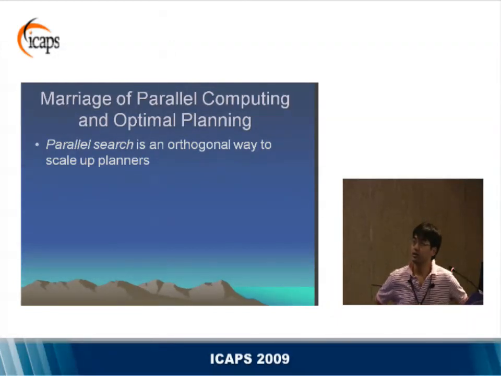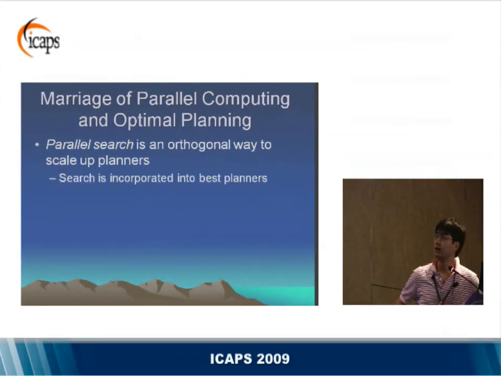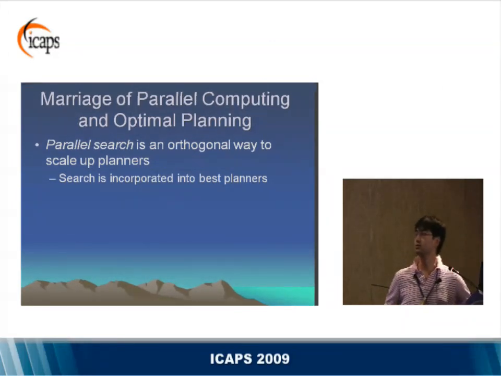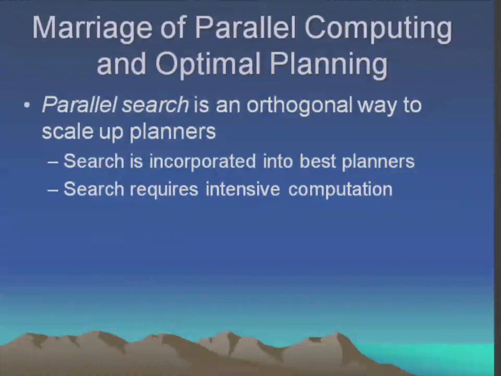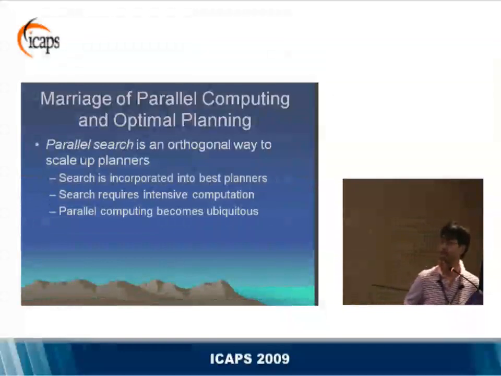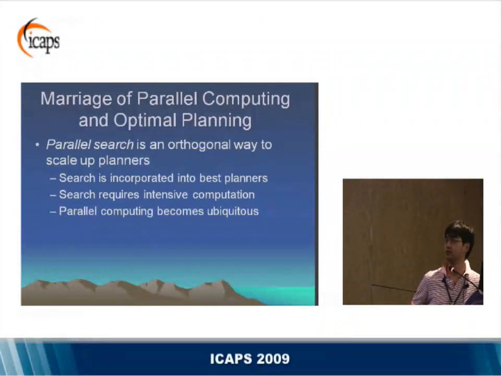It is quite natural to incorporate parallel search into the planning system for several reasons. One is everyone uses search methods in order to have high performance planners. Another reason is that search is the most computationally intensive part of the planning system. And parallel computing has become the de facto standard, given that we have multi-core CPU machines as well as PCs connected by networks.